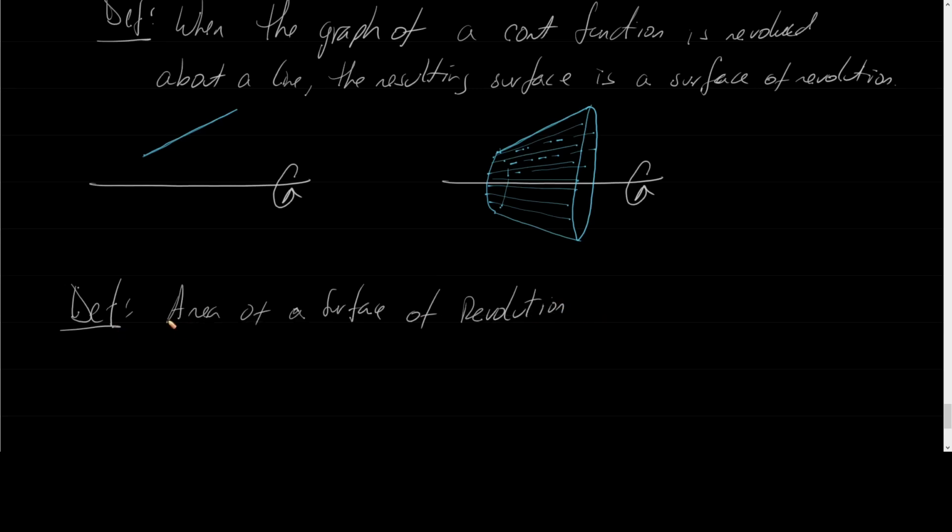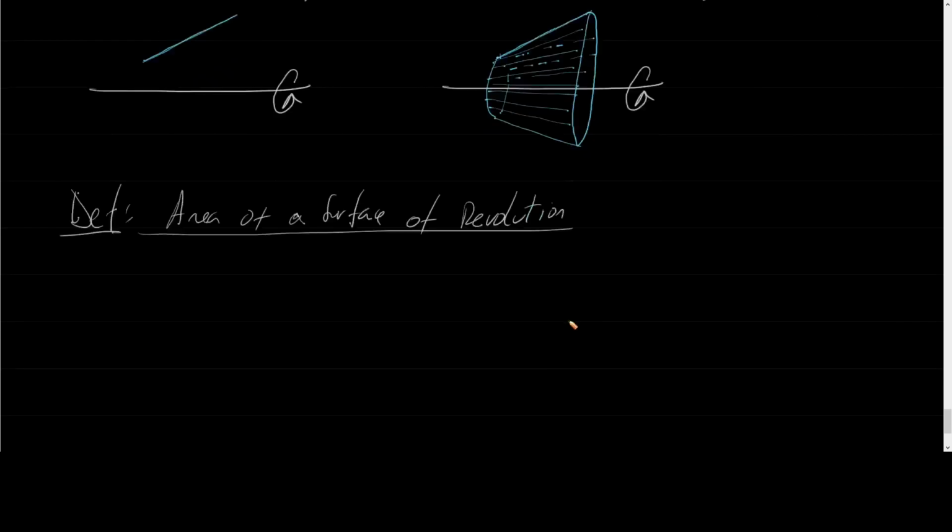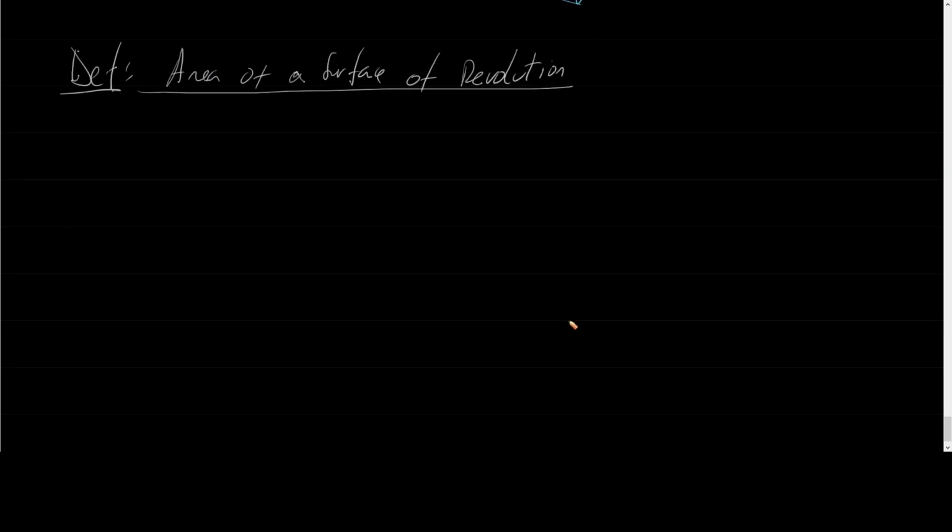All right, so if we let y be some function of x, right? And so we're going to let that y be a function of x, and we want it to have a continuous derivative on the closed interval ab, right? So that also implies that y has to be continuous on that interval, all right?